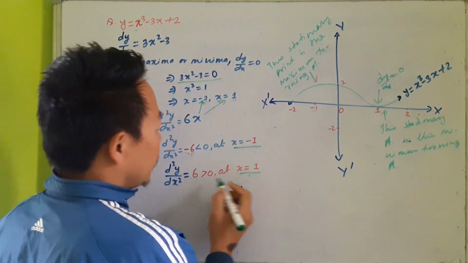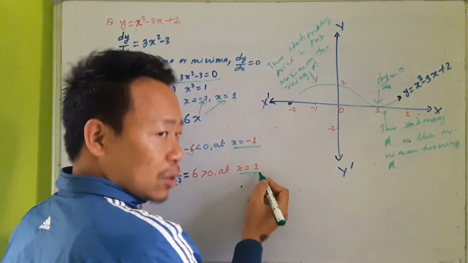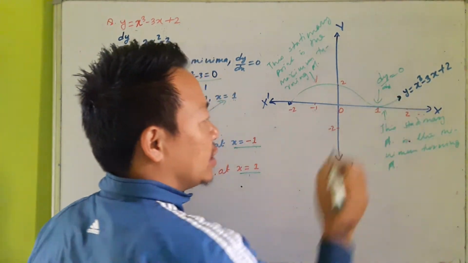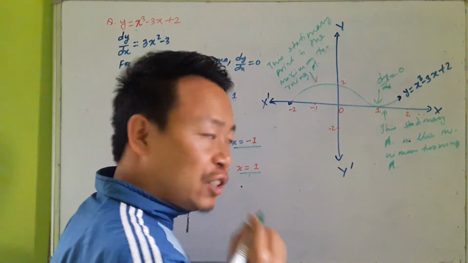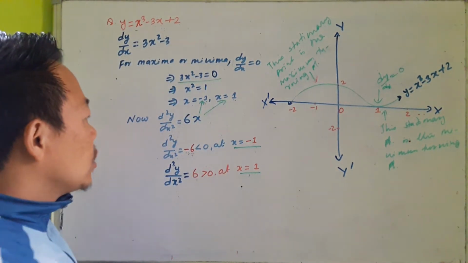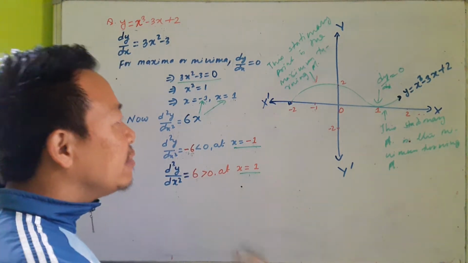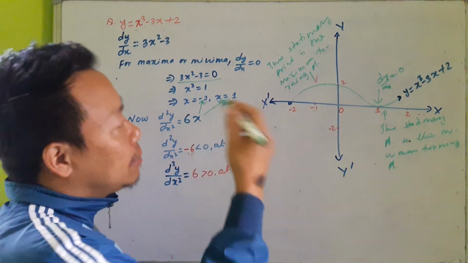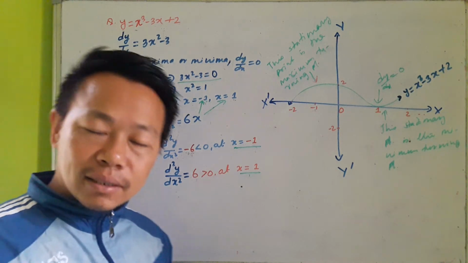And when d square y by dx square is positive at some critical point, then this stationary point is a minimum turning point. So by using this second order derivative test, we can easily find the maxima and minima. If we get the second order derivative negative, then it is a maxima, and if we get the second order derivative positive, then it is a minima.